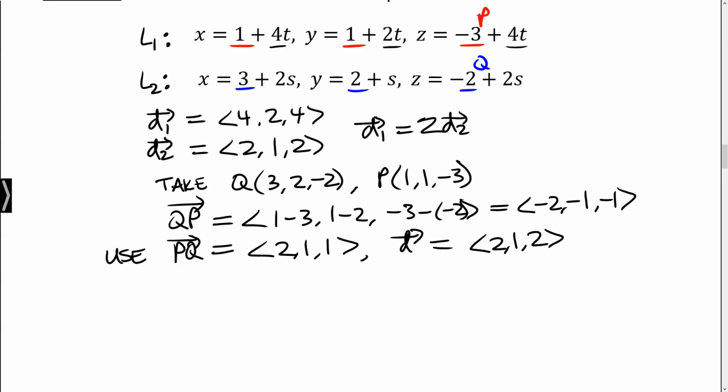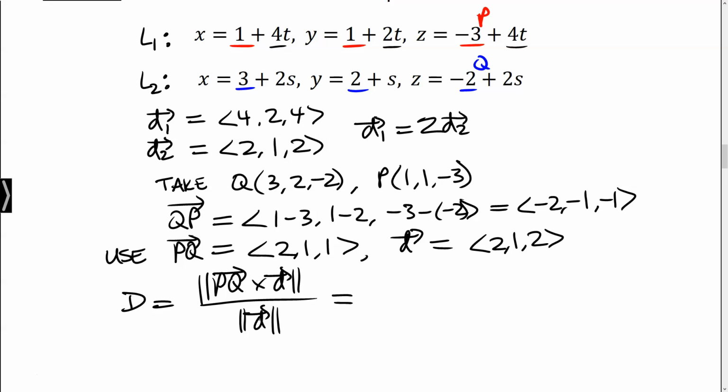Remember, I can always use the one that's simpler because any non-zero scalar multiple of a normal or a direction vector is still a normal or direction vector. So our distance is the norm of PQ crossed with D divided by the norm of D. This is coming from the formula that we got for the distance between a point and a line in 3 dimensions.